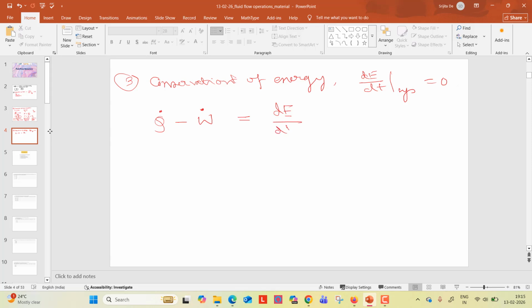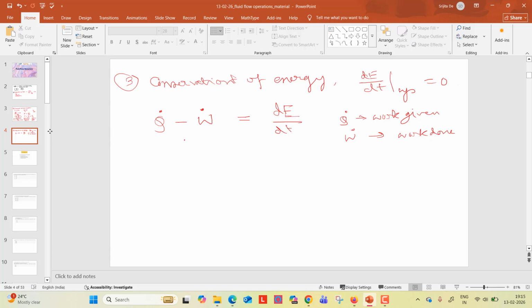That means Q dot means rate of heat given, and W dot means work done. And there is always a loss related to it. This is defined as the conservation of energy.